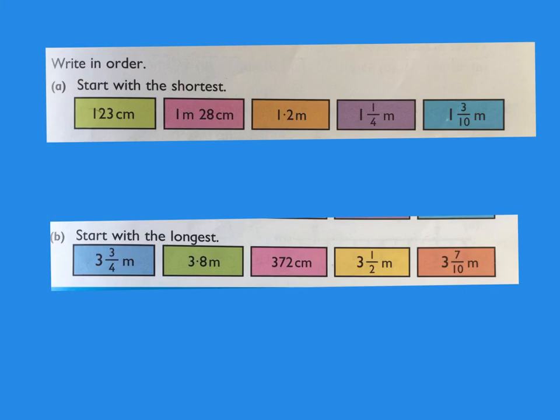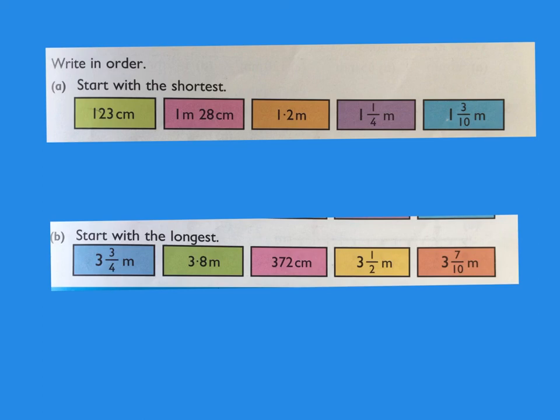Okay, so this slide has a task that basically tests our knowledge of the 4 different ways that we have looked at of recording the same measurement. Now in order to do this, you need to convert each of the measurements into the same type of measurement. For example, you can see that the first two are 123 centimetres.